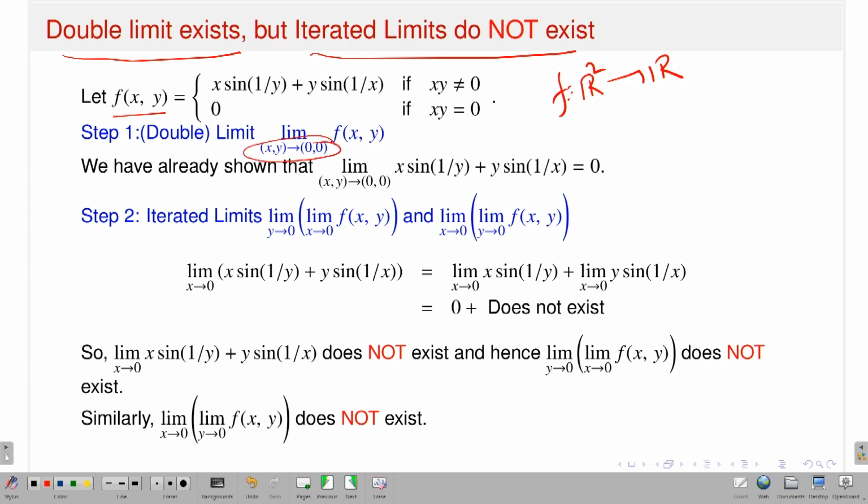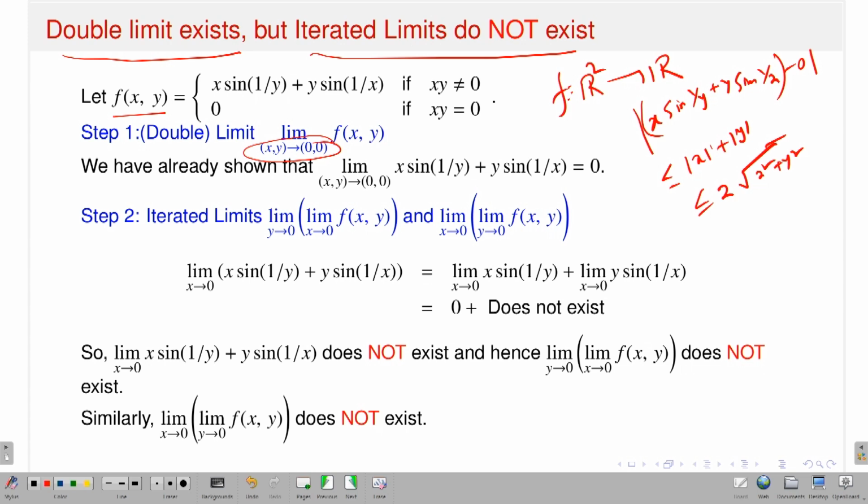Now I think I already discussed the existence of the double limit, if you remember, in my earlier lectures. So how do you prove it? This is very simple. I have to estimate x sine(1/y) plus y sine(1/x). So |f(x,y) minus 0| is less than or equal to |x| plus |y|, which is less than or equal to 2 times the square root of x squared plus y squared.